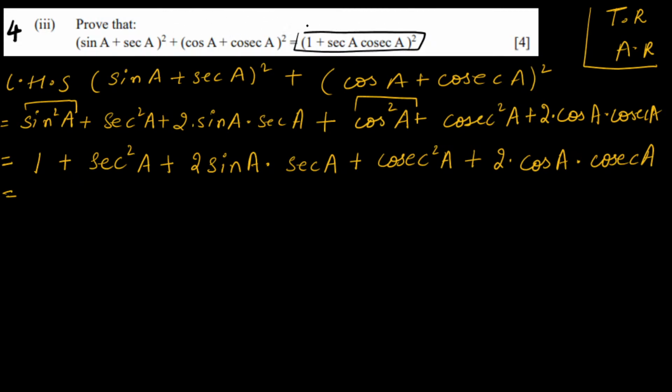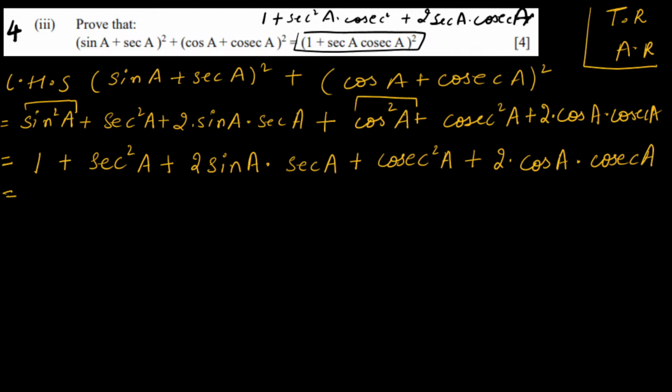If I apply this whole square, I'll get 1 + sec² into cosec² + 2 into sec into cosec. So this is what we need, because this thing is actually (1 + sec A into cosec A) whole square.